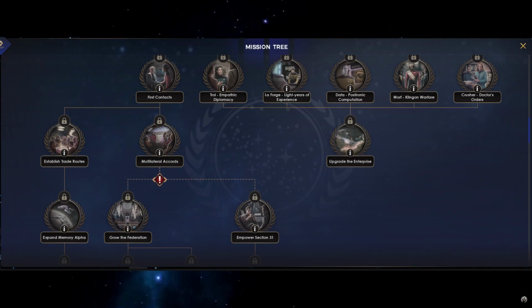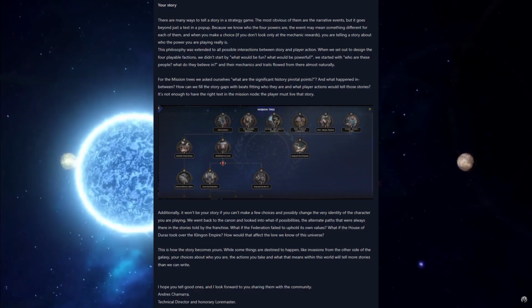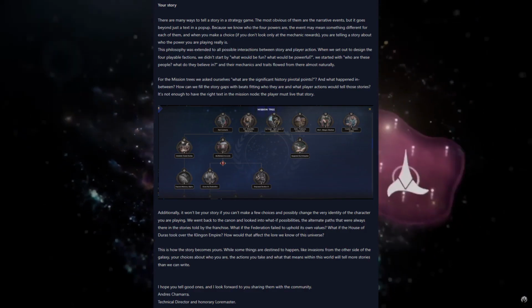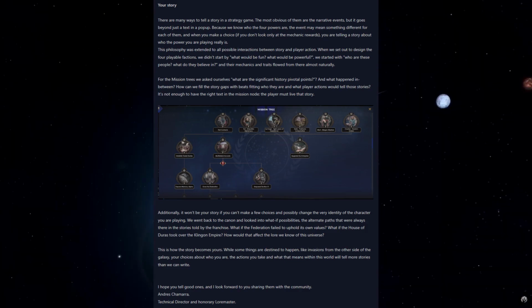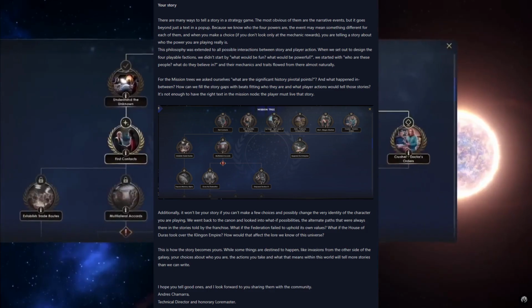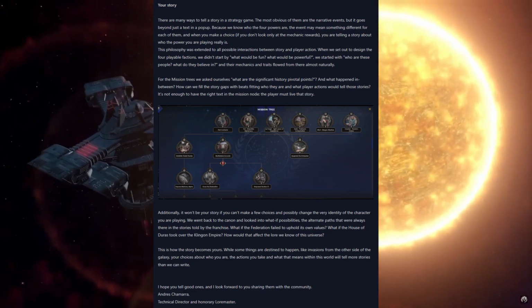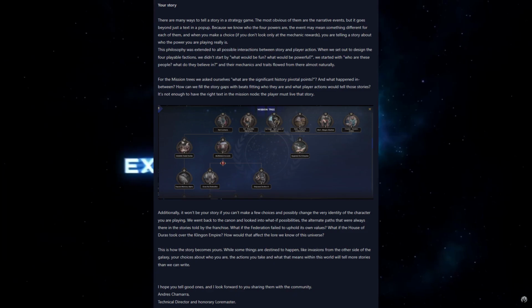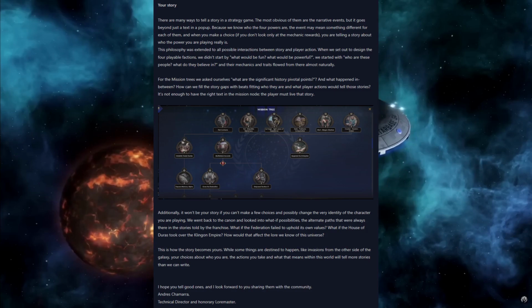So a little bit more of the mission tree. As it continues, additionally, it won't be your story if you can't make a few choices and possibly change the very identity of the character you are playing. We went back to the canon and looked into what if possibilities, the alternate paths that were always there in the stories told by the franchise. What if the Federation failed to uphold its own values? What if the House of Duras took over the Klingon Empire?